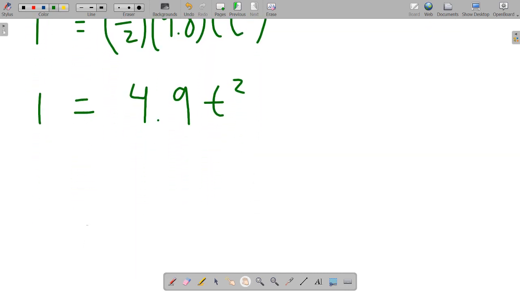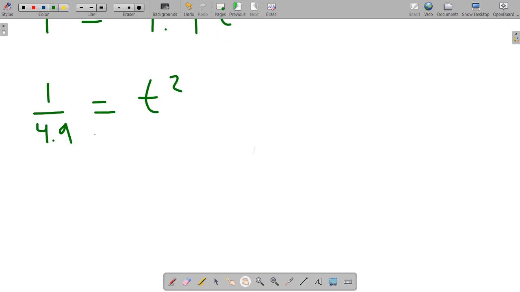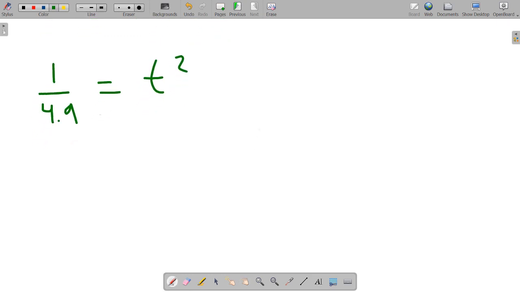Now I want to get t squared by itself, so that's 1 divided by 4.9. And 1 divided by 4.9 is 0.204, which is equal to t squared.